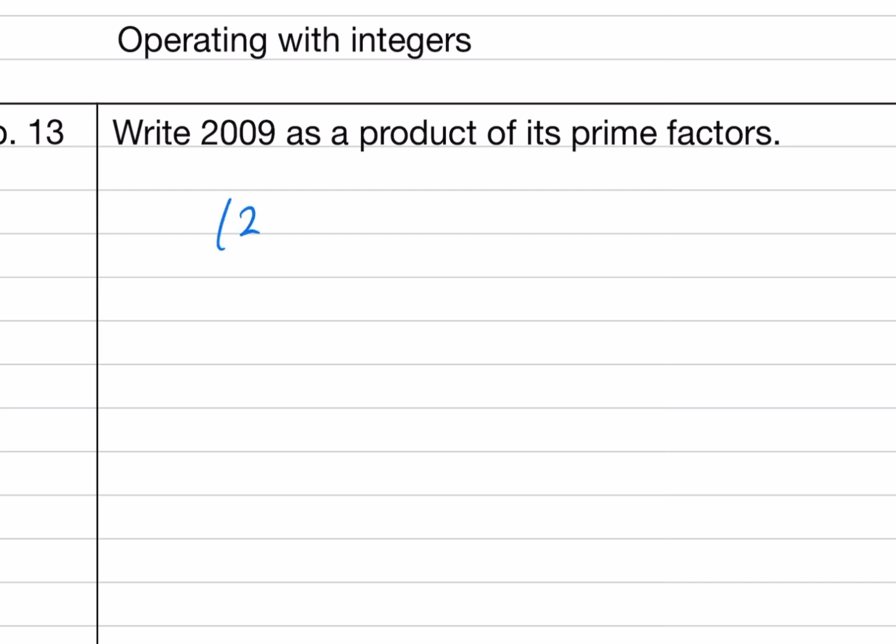So 2 plus 0 plus 0 plus 9, and I got 11. Is 11 divisible by 3? No.